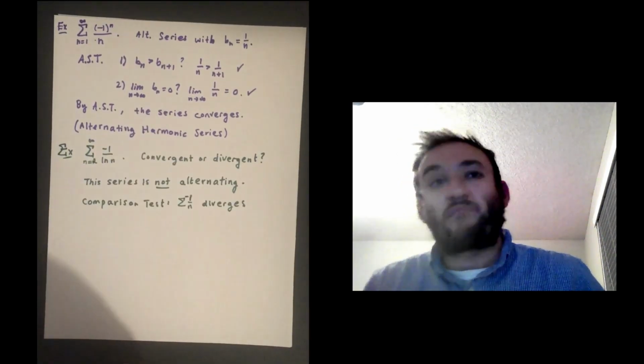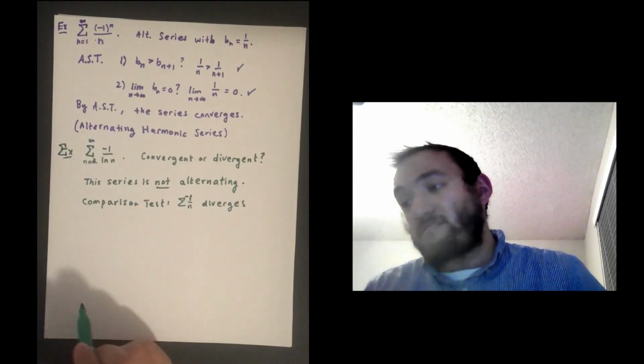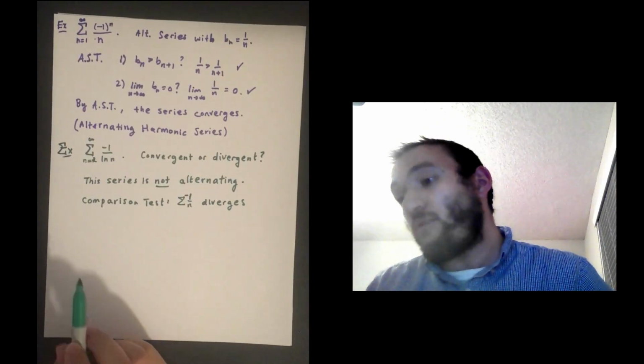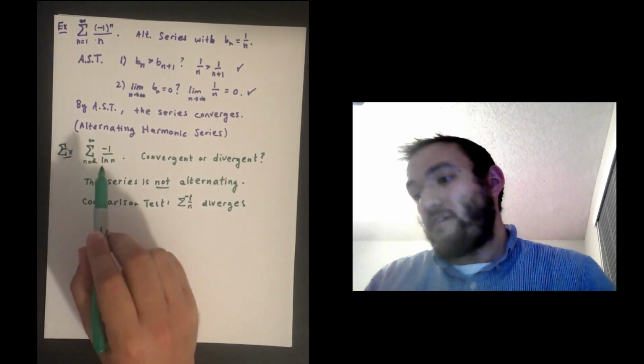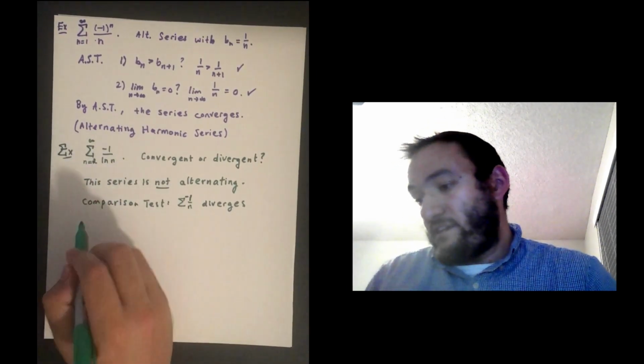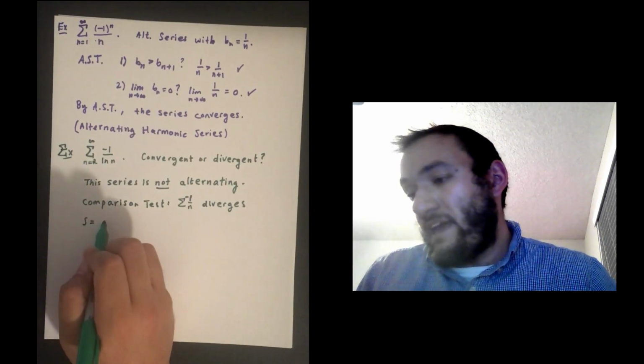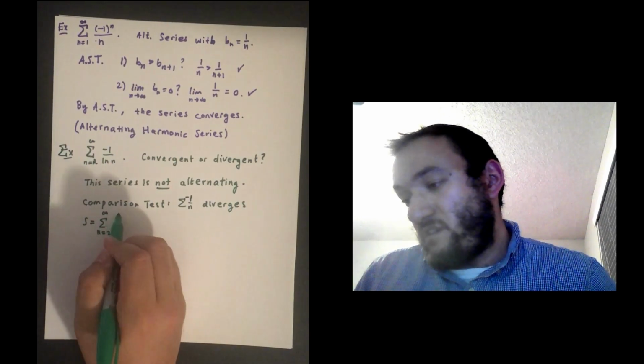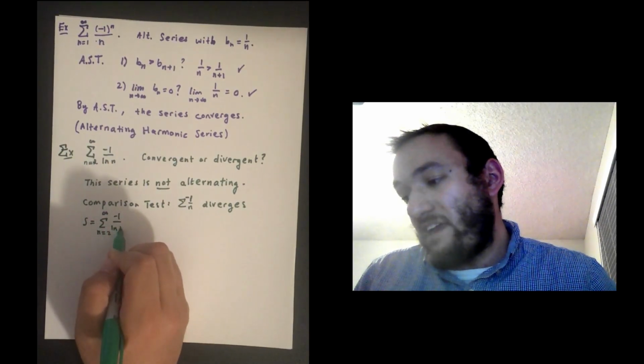So clearly the comparison test only really applies when the terms are all positive. But what we could do is we could say, look, this series S equals the sum from n equals 2 to infinity of minus 1 over ln n.